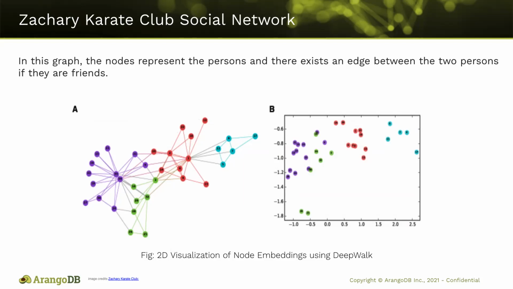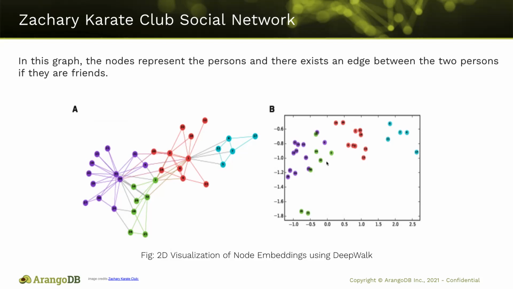Figure A represents the Zachary Karate Club social network, and figure B illustrates the 2D visualization of node embeddings created from the karate graph using DeepWalk, which is one of the graph representation learning methods.